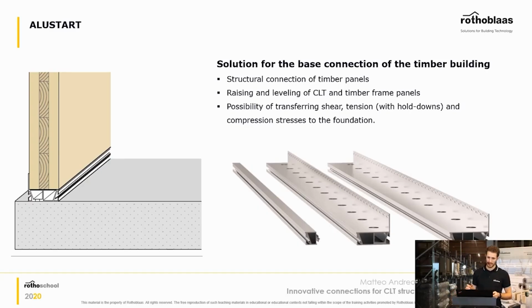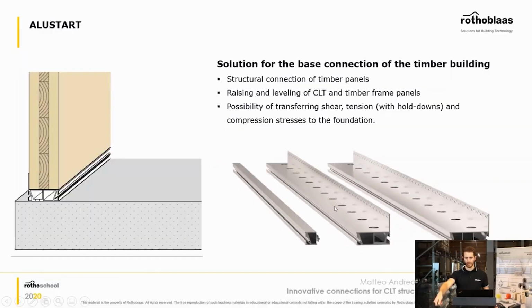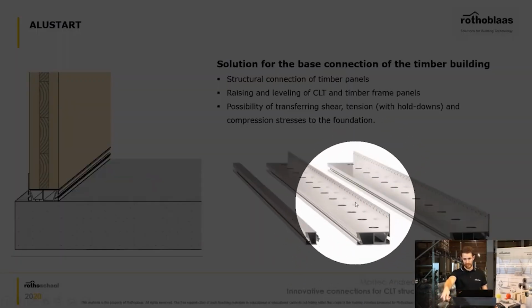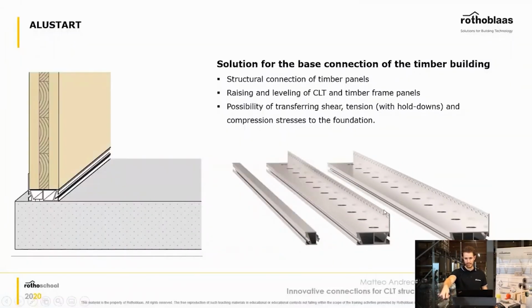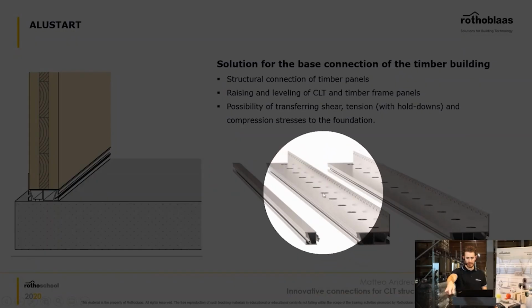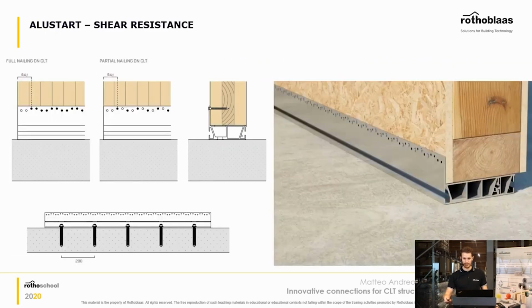So an improvement is this product here. This is called Alustart, for example, and it's an aluminum extrusion with some small holes on the side, right here for nails, for the shear forces, and bigger holes here, which are needed to attach this extruded plate to the concrete that you have on the bottom.